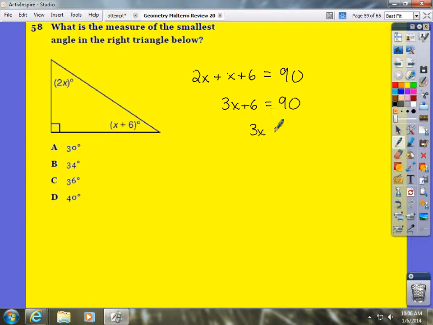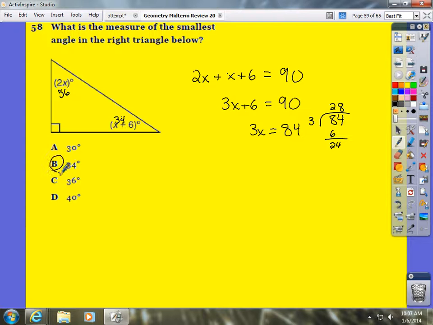So if I divide 84 by 3, I get 28. So I have 2 times 28, which is going to be 56, and 28 plus 6 is going to be 34. So the smaller angle is 34 degrees.